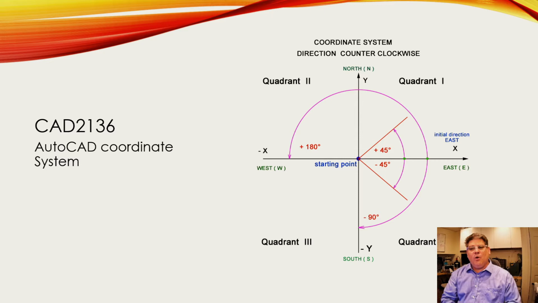But there's also a polar coordinate system, and you can see here that we're looking at plus 45 degrees going anti-clockwise, and negative 45 going clockwise. X positive is to the east, X negative to the west. North would be Y positive, so south Y negative, and Z coming through your page is positive, and going into your page would be negative.